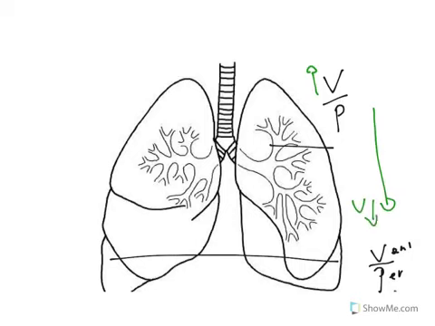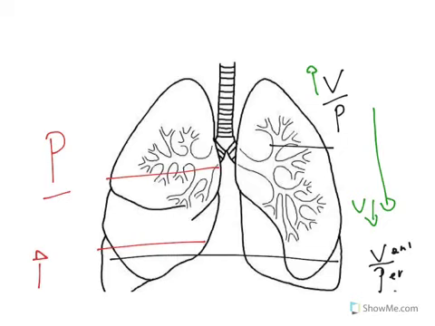However, when we look into perfusion, I will give it a red color, because it involves the blood. Perfusion is always higher in the bottom, so we have higher perfusion here.